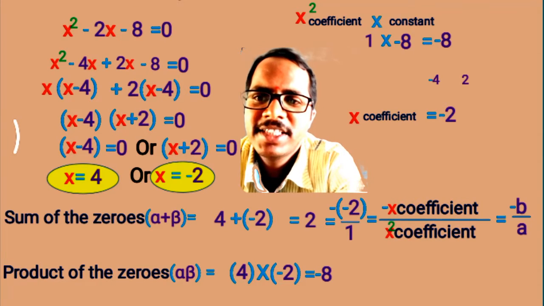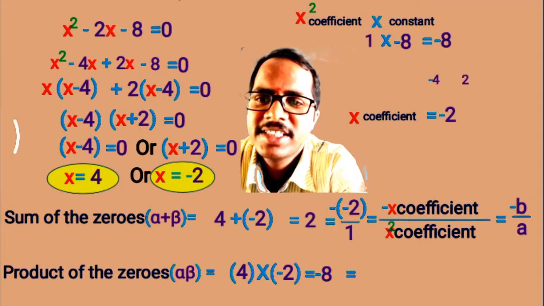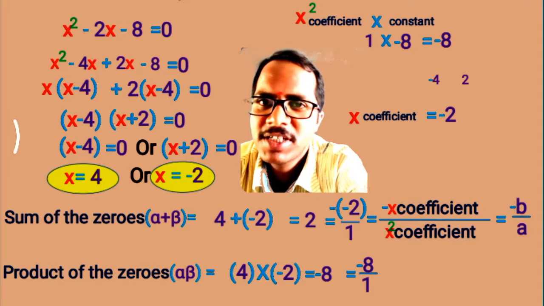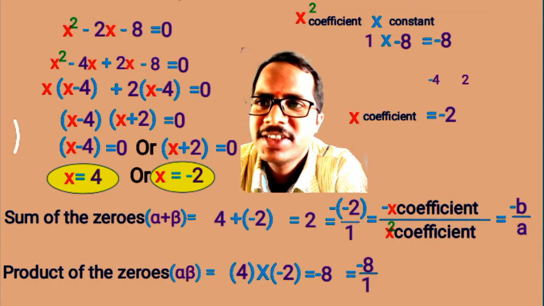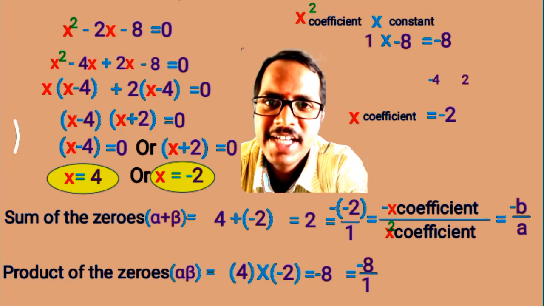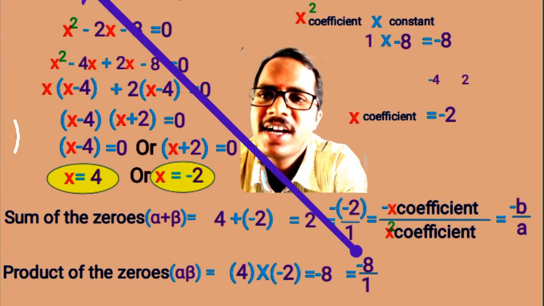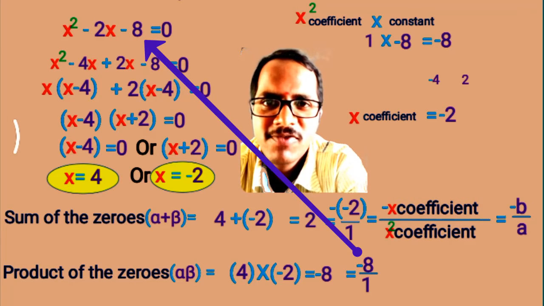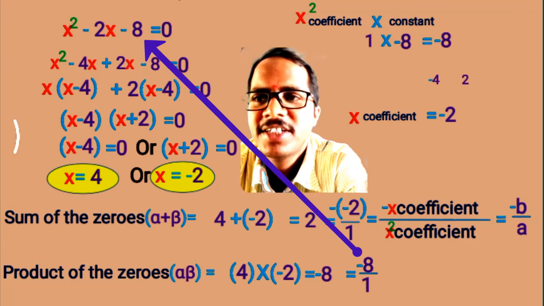So this minus 8, we can write it as minus 8 by 1. Now this can be related with the coefficients of the given quadratic polynomial, that is x square minus 2x minus 8. Here in the numerator we have minus 8, which is related with the constant term in the given quadratic polynomial. And in the denominator we have 1, which is nothing but the x square coefficient.